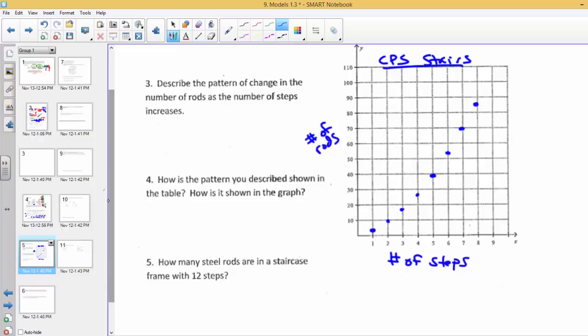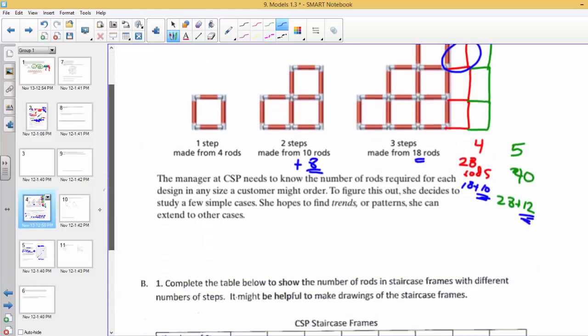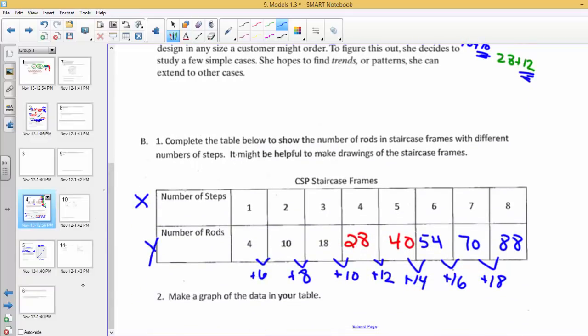This is not linear because the pattern is as x increases by 1, y increases by 2 more each time. And then it says, how is the pattern described? Shown in the table. Well, if you take the numbers, this is kind of a cool thing to talk about here. We have the first difference.